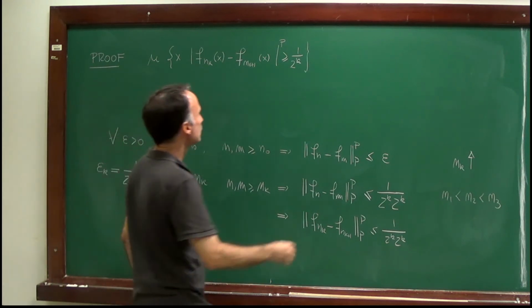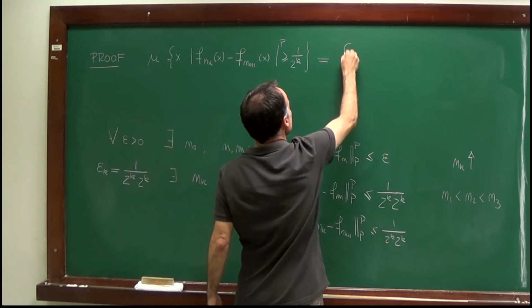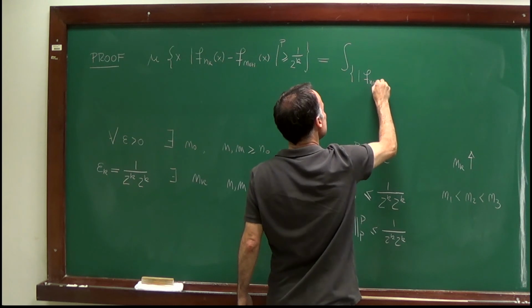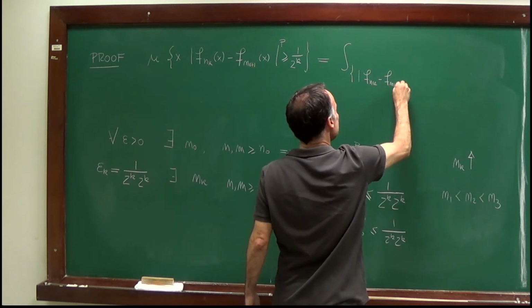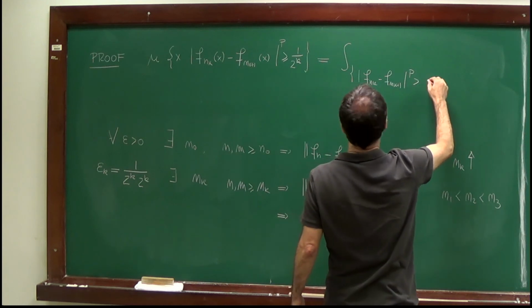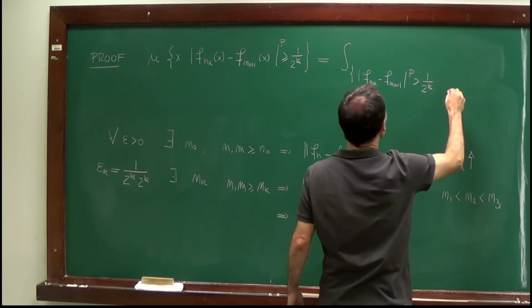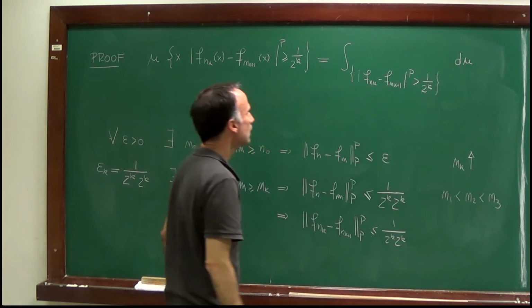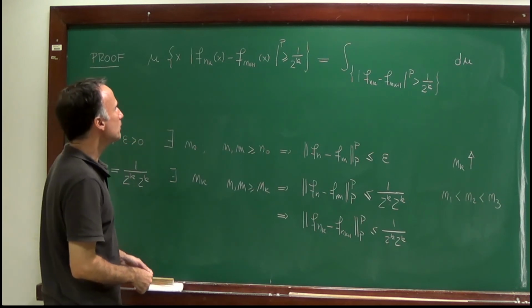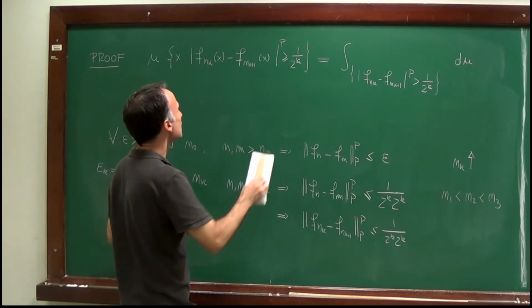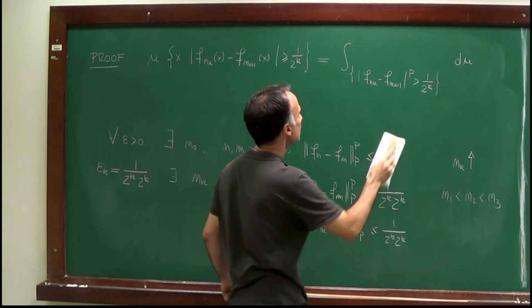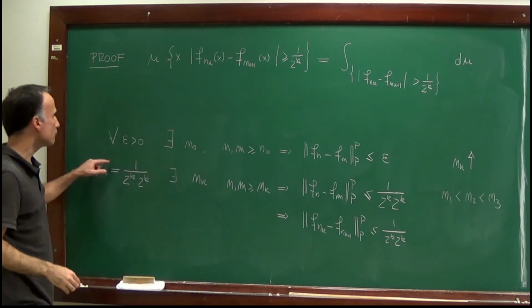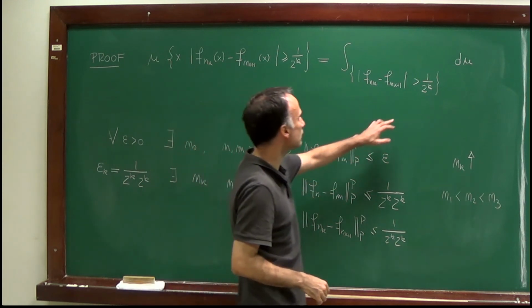Well, I can rewrite that as the integral over the set of points such that f nk minus f nk plus 1 to the power p is larger than 1 over 2 to the k, d mu. I don't like that p here very much, so let me erase it, and maybe I'll have to change the definition of our epsilon k, we'll see that in a second.